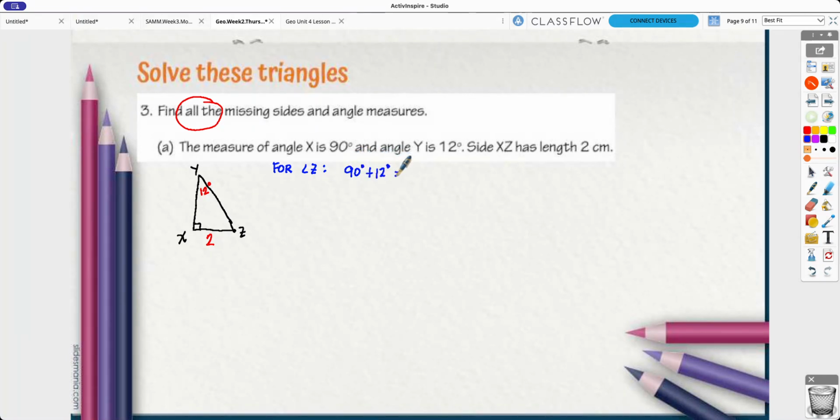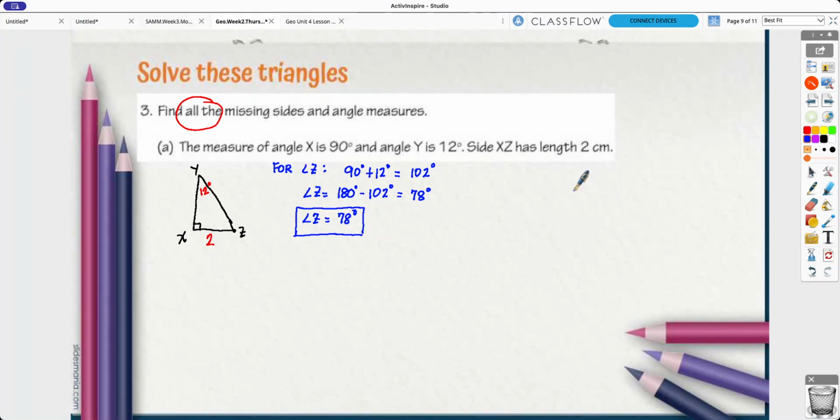So we add those two angles, we get 102 degrees. And then for angle Z, we have to subtract 102 from 180, 180 being the sum of the angles in a triangle. And you get 78 degrees. Okay? So let me rewrite it. So angle Z is 78 degrees.